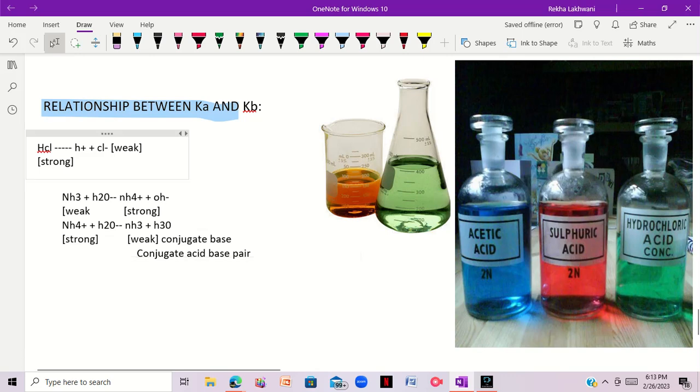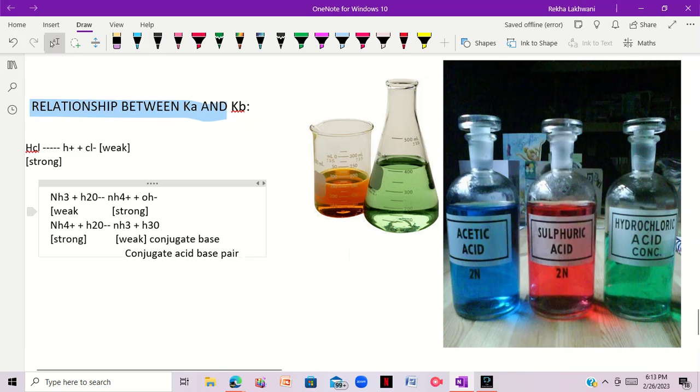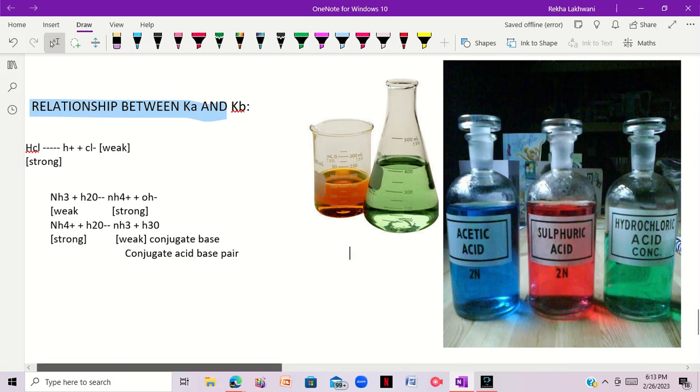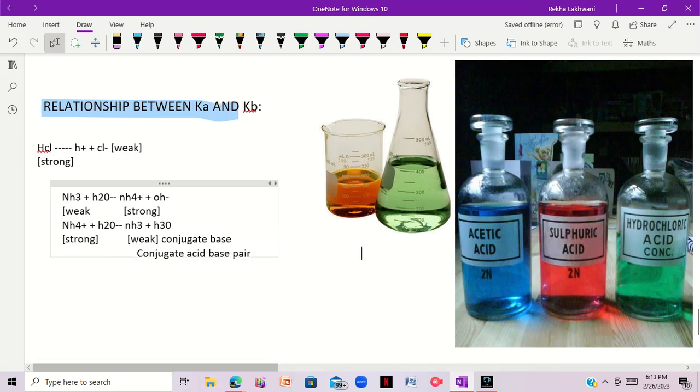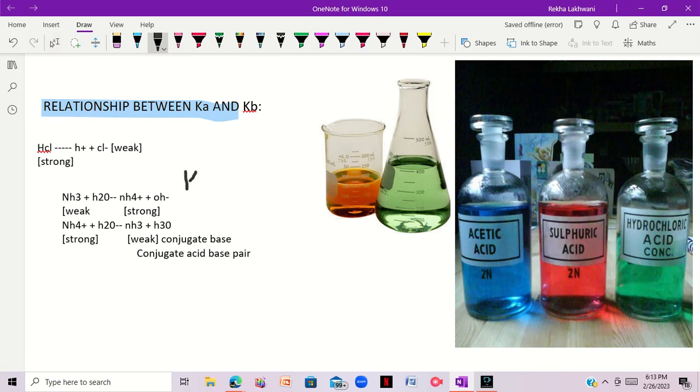Okay, let's consider Kc, the equilibrium constant. As you know, this ammonia is weak, and over here water is weak, so there will obviously be an equilibrium constant. So here Kc for the first reaction would be, what is Kc?